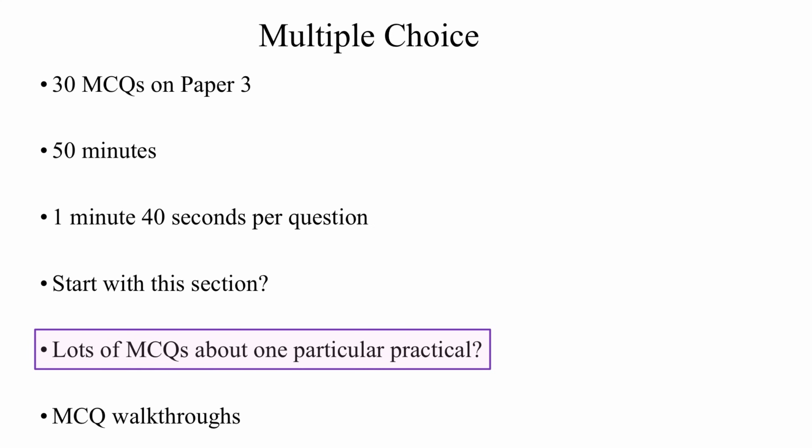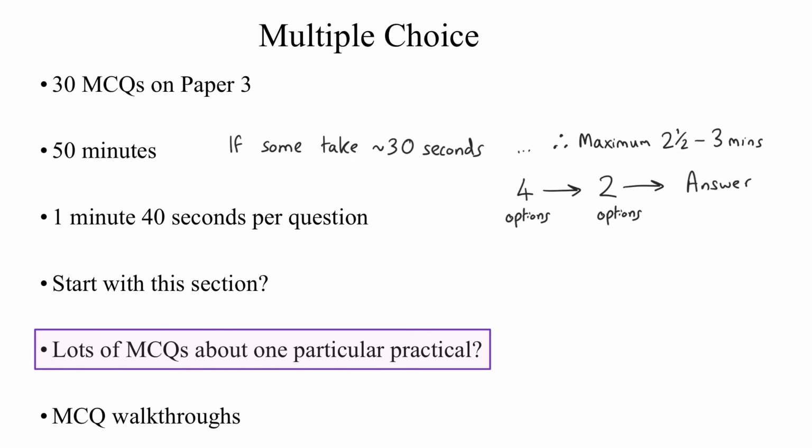You get 50 minutes to do section B, and that works out at 1 minute and 40 seconds per question, which isn't very long, but some questions are faster than that, and so that allows you to take up to 3 marks in order to whittle those 4 options down into 2 and then pick the correct one from that.